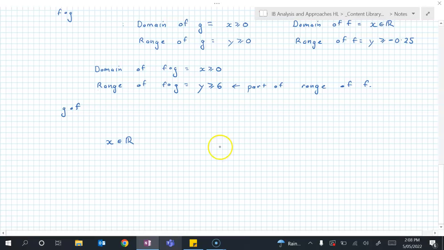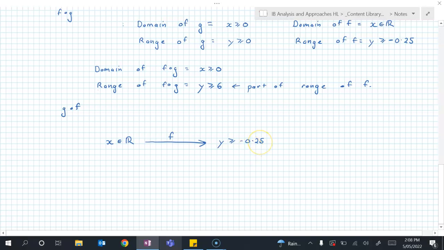And then in the range, so this is f, I'm getting all the values that are minus 0.25 and up. But if I then put those values into g, I'm going to get some values that are missing.